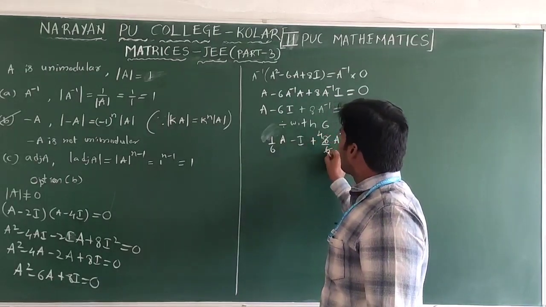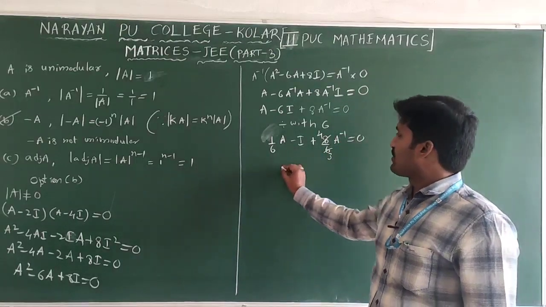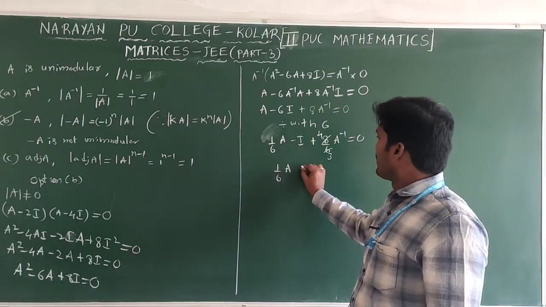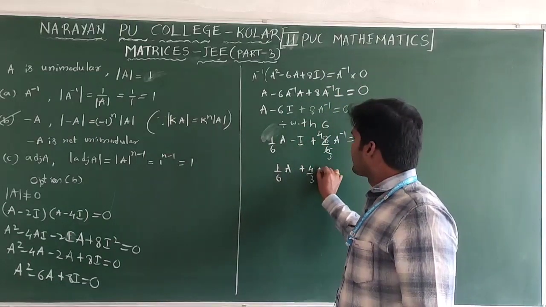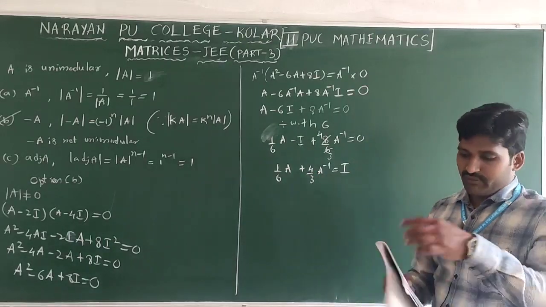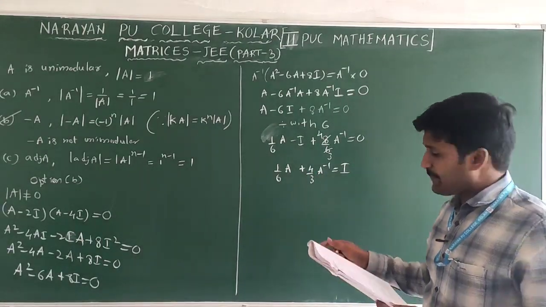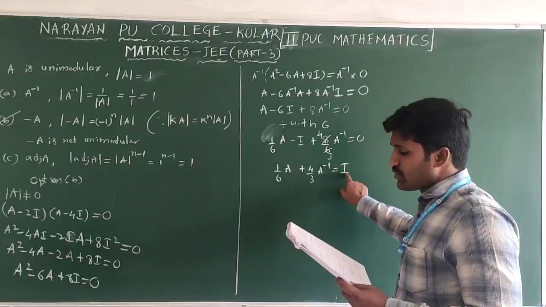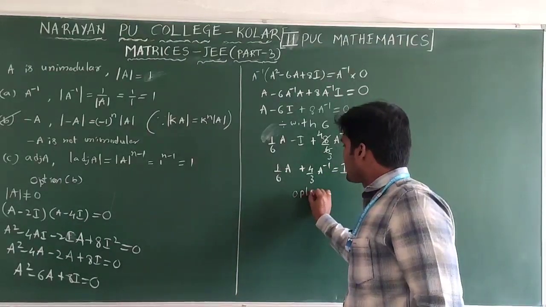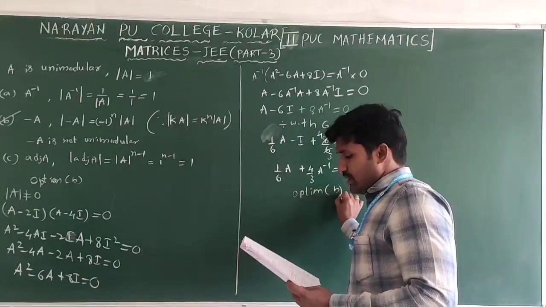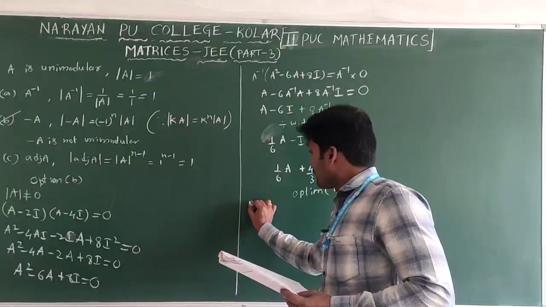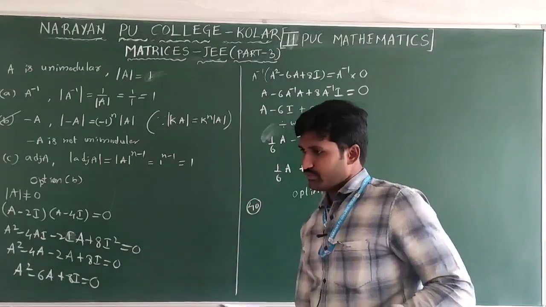Now 8 by 6 reduces to 4 by 3. Take the minus I to the right side. What remains is 1 by 6 A plus 4 by 3 A inverse equal to plus I. So the required expression equals the identity matrix. Now which option is correct? Option B is the correct one. Next, coming to question number 40.